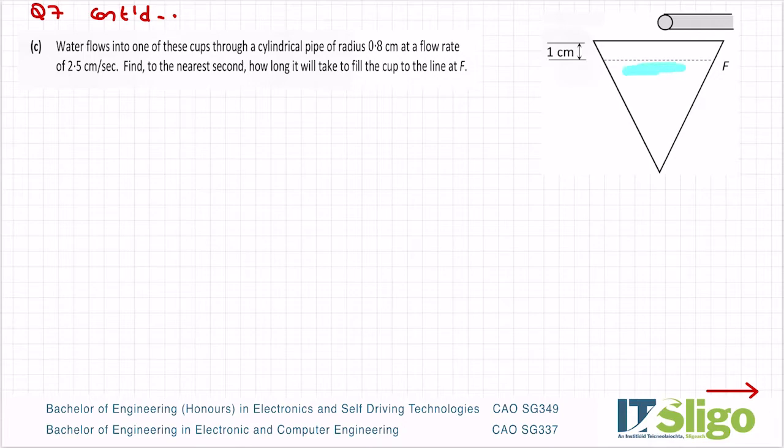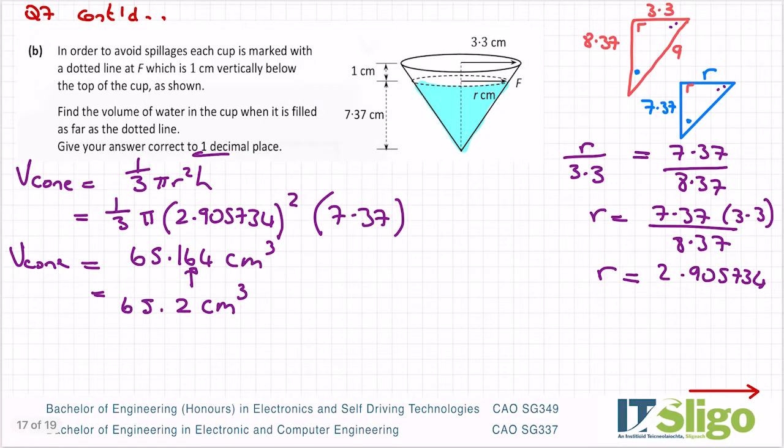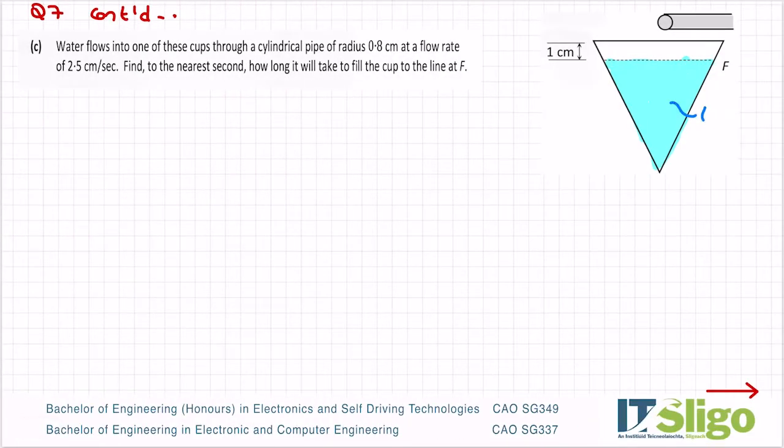Right, okay, let's think about this one for a second. How long will it take to fill the cup up to the line at F? We know the volume of that water; we just found it. So 65.2 centimeters cubed of water is what we need to fill.